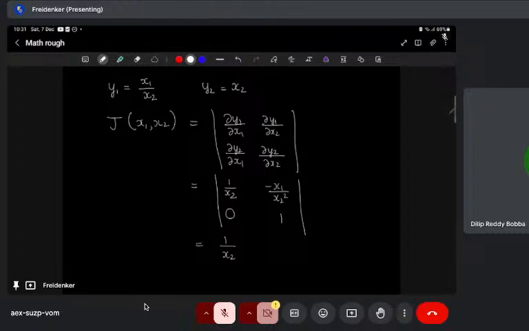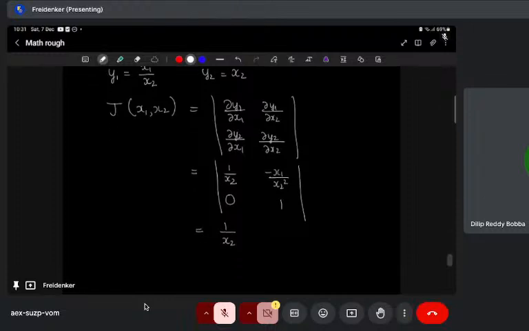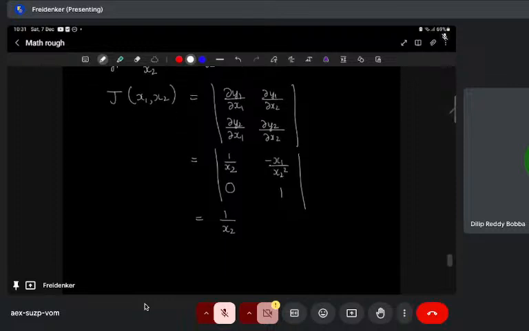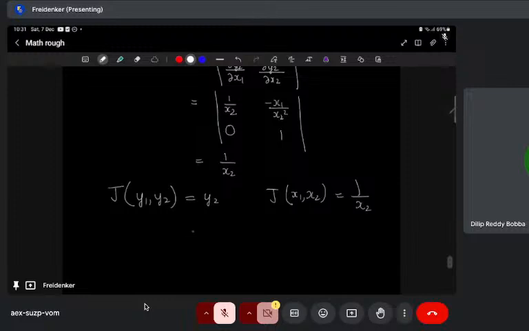So 1 by x2 is nothing but 1 by y2 because x1 is equal to x2. If you want, you can verify. Here, Jacobian of y1, y2 was y2. Jacobian of x1, x2 was 1 by x2. And we can verify that Jacobian y1, y2 is equal to 1 by Jacobian x1, x2.